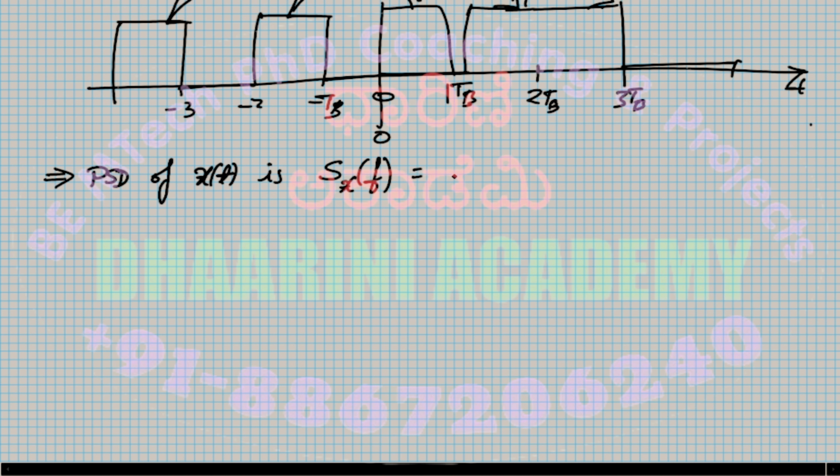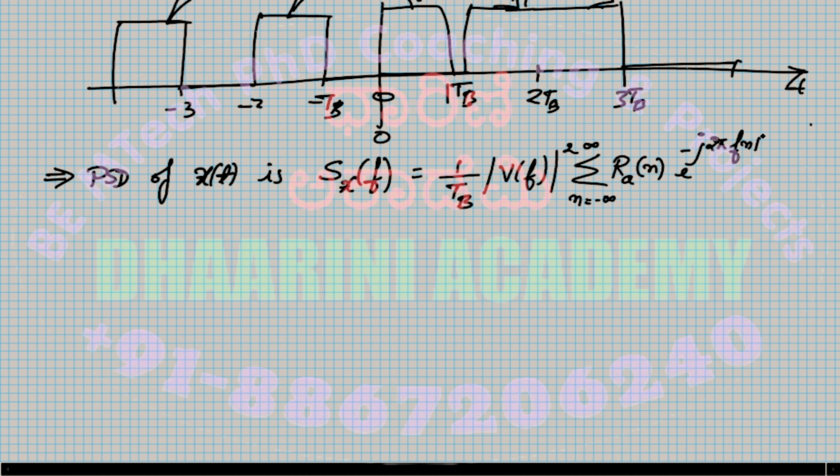So Sx of f. What is the general equation? This is the equation: 1 divided by the bit duration Tb, into the magnitude of V of f, the whole square. I'll tell you every term. Into summation, n varying from minus infinity to plus infinity, Ra of n into e to the power minus j 2 pi f n Tb.